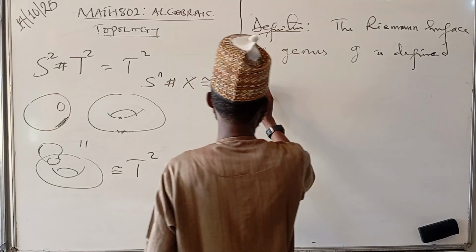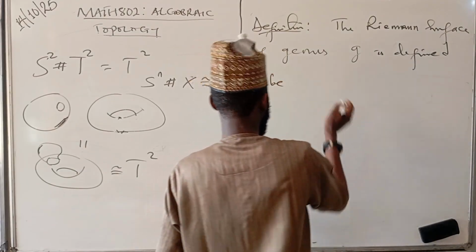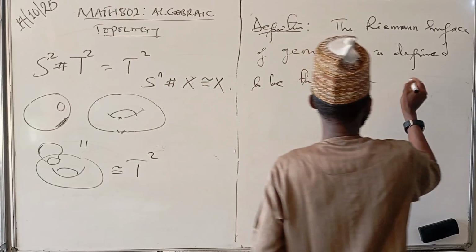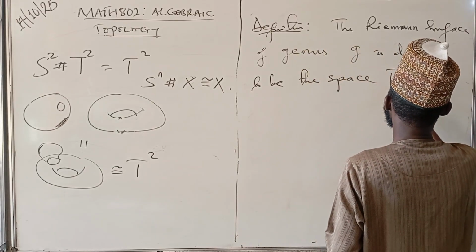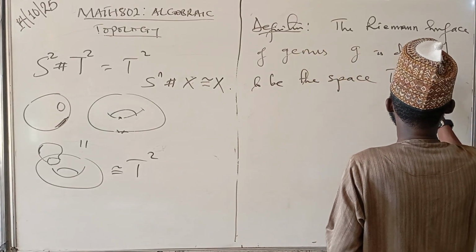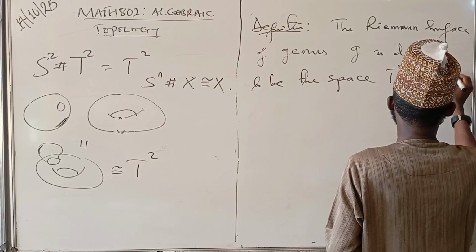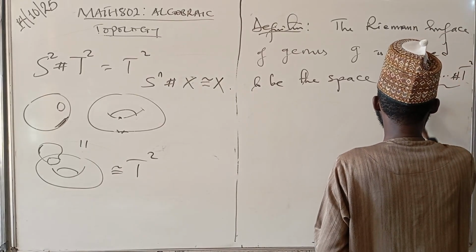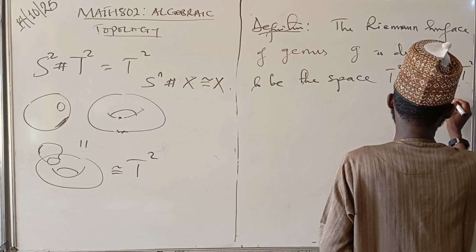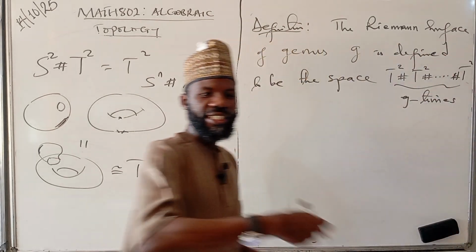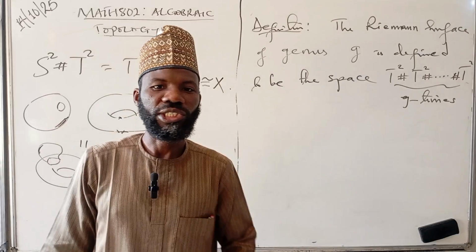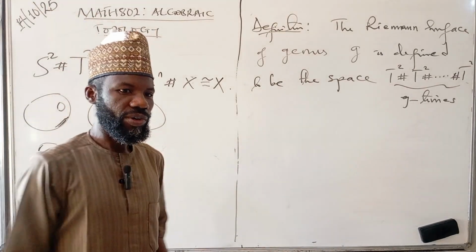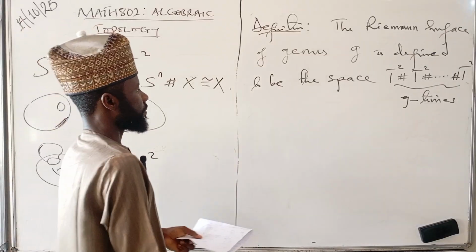this space. That is the connected sum of the torus with itself, G times. When you take the connected sum of a torus G times, you get a space that is called a Riemann surface.